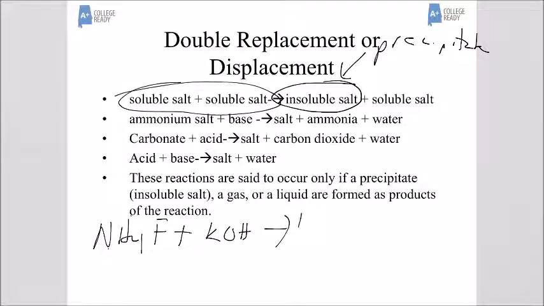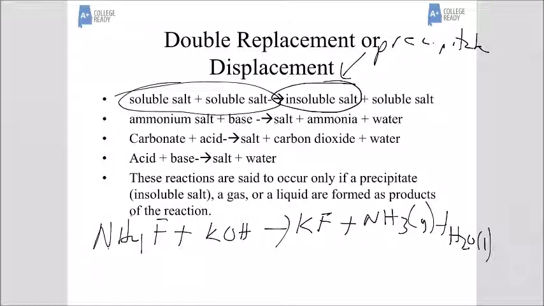So we're going to get KF plus, it looks like we should get NH4OH. But this compound, ammonium hydroxide, is unstable and quickly breaks apart. And instead of being NH4OH, it becomes NH3, which is a gas. You're going to see bubbles, plus water, H2O, which is a liquid in this case.